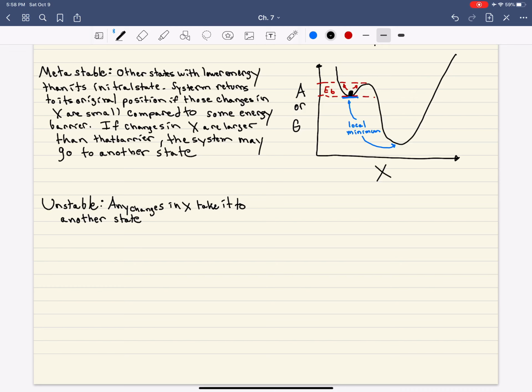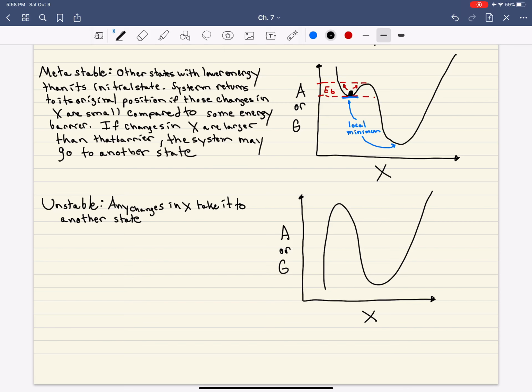And so an unstable system's energy diagram would look like this, where imagine you have a hill like that, and initially your system starts on top of this hill, right? And so any movement, if you increase x or you decrease x, is just going to knock it off the top of the hill into a completely different state instead, right? So that's what we mean by unstable.